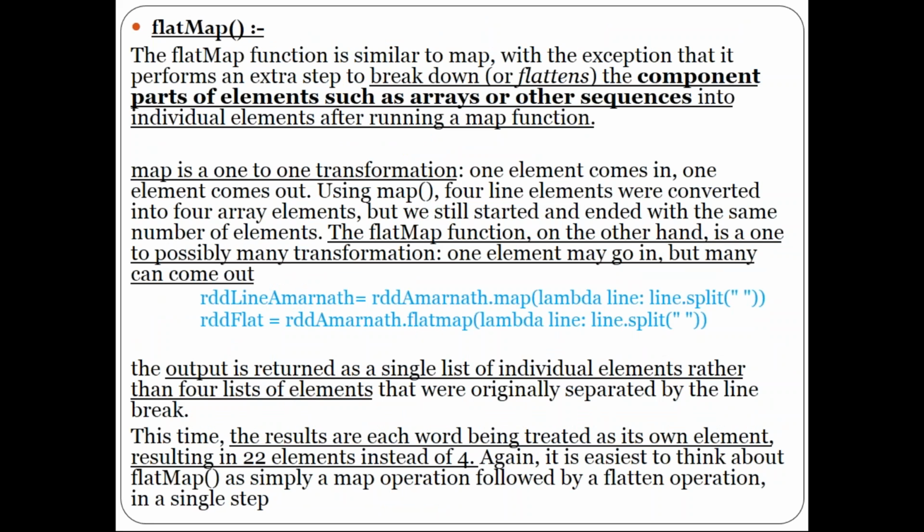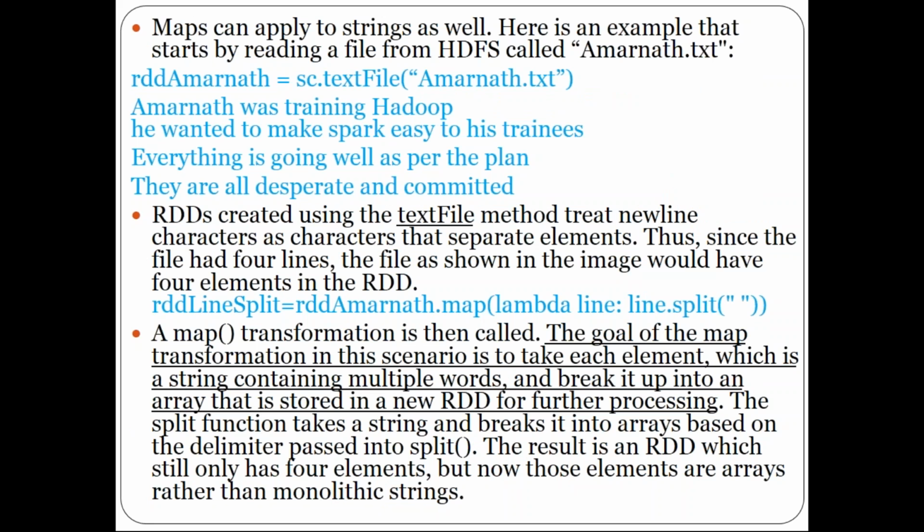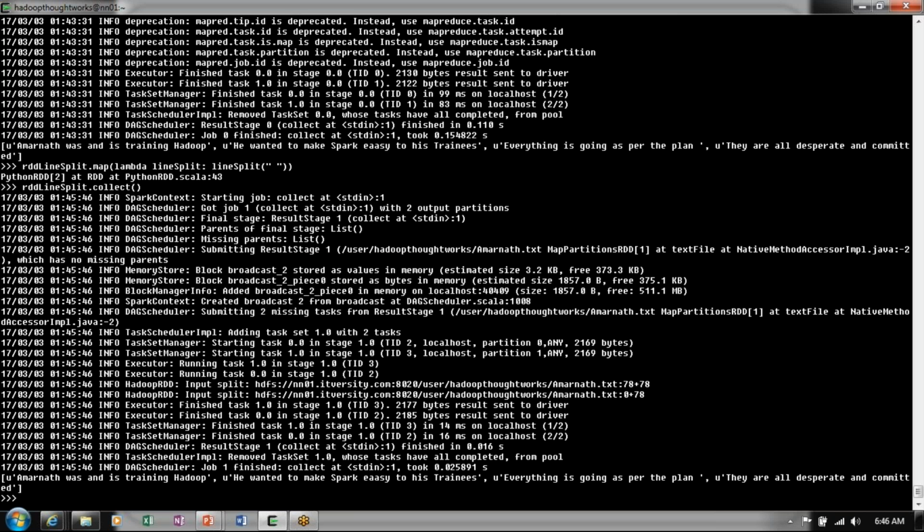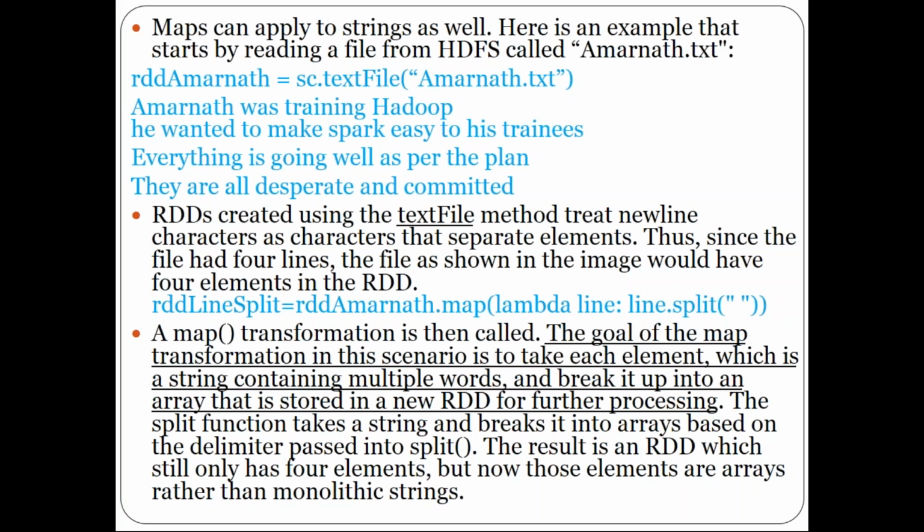Now let me go to the next slide, wherein I apply a flatMap. Any questions on this one? Guys, any questions? Let me know. There's no point in going forward if you don't understand this one.